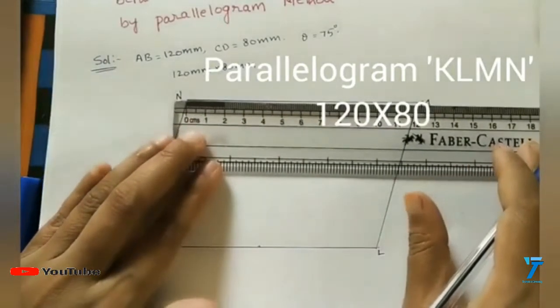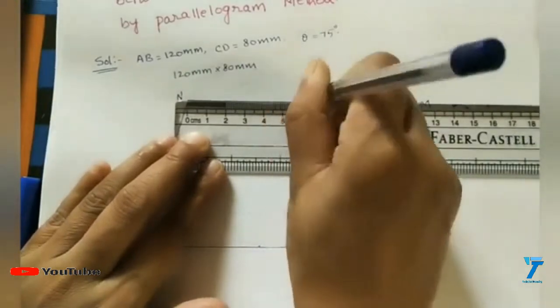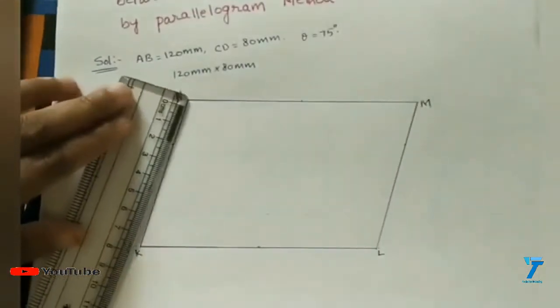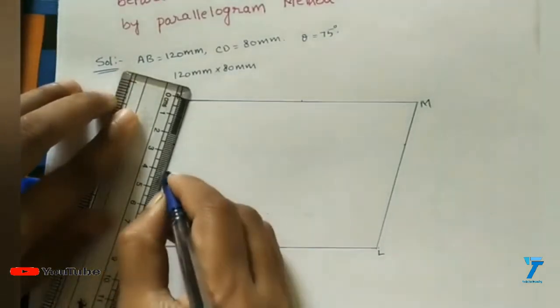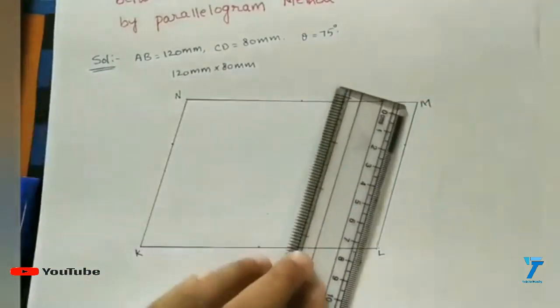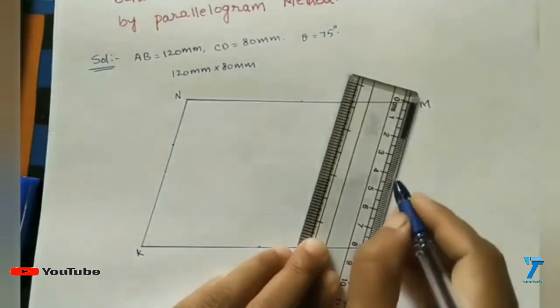Here also it is 12. Take the 6. And this side it is 8. Take the middle point 4. And here also take the middle point 4.